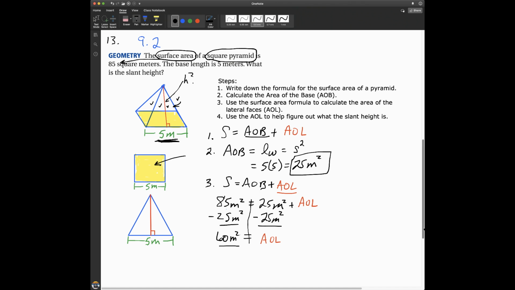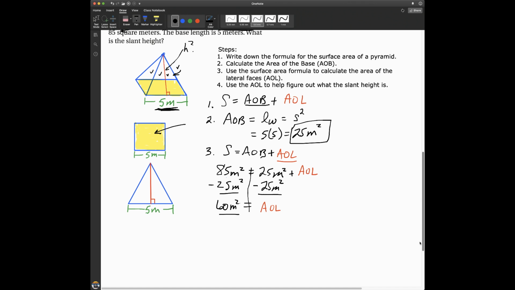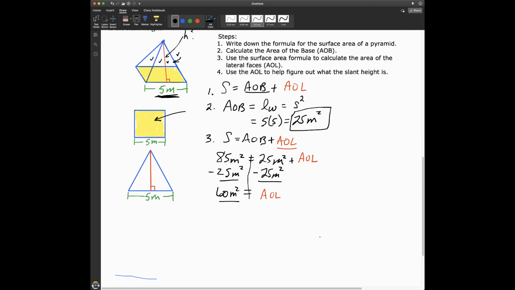So we're going to use that for step 4. Step 4 says use the area of the lateral faces to help figure out what the slant height is. You see, I took one of the triangles and I drew it here. One of the lateral faces is there.